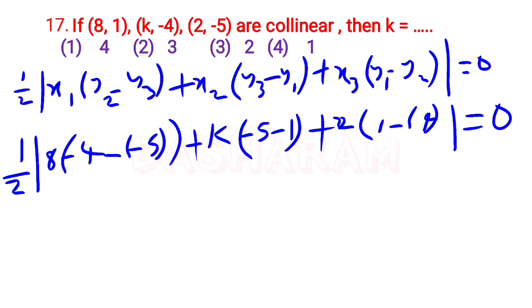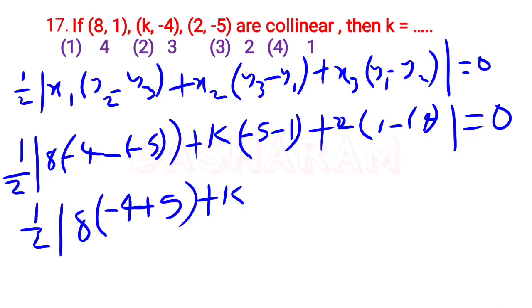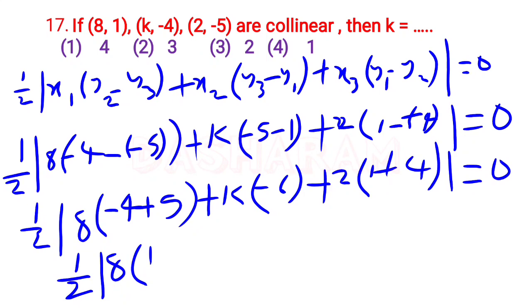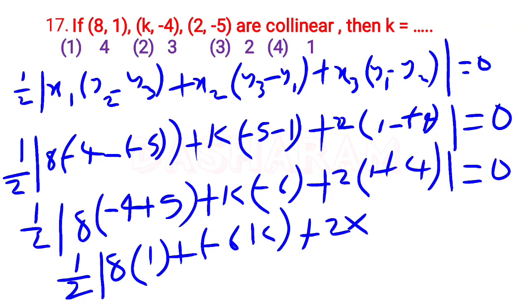So 8 bracket of minus 4 plus 5, plus k into minus 5 minus 1 is minus 6, plus 2 into 1 minus of minus 4. Here it is minus 4, so 1 plus 4, equals 0. 8 into minus 4 plus 5 is 1, plus k into minus 6 is minus 6k, plus 2 into 1 plus 4 is 5, equals 0.